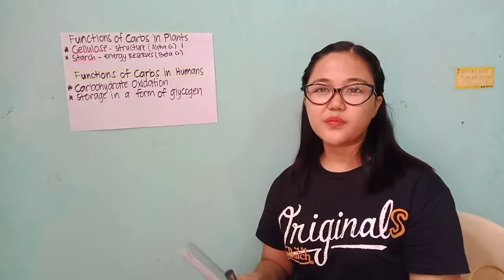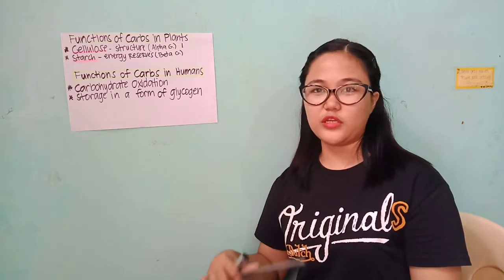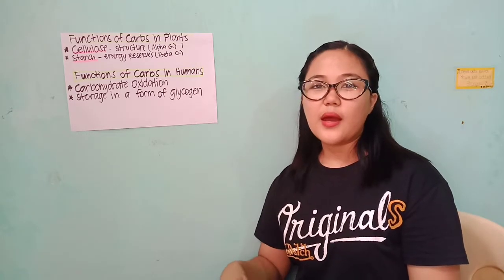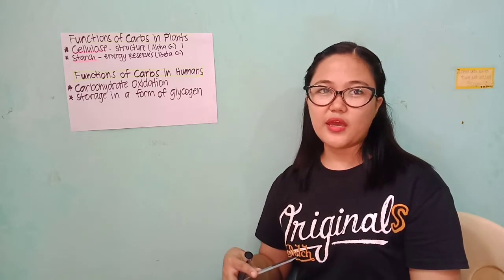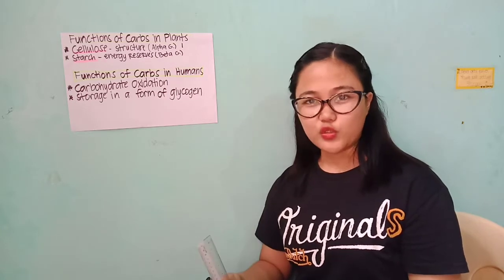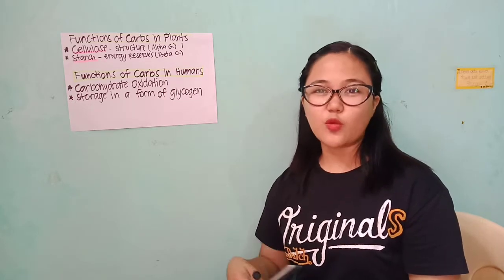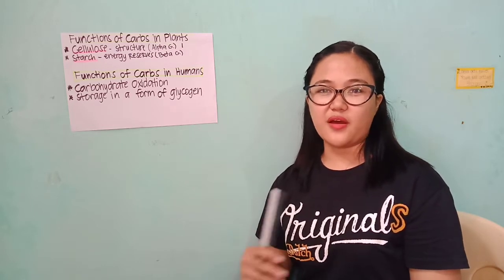For example, today I eat a lot of carbohydrates and they are converted into glucose. My body only needs 80% of the glucose, so the excess 20% will be stored in my liver or my muscles.